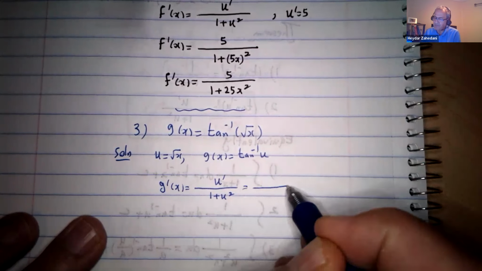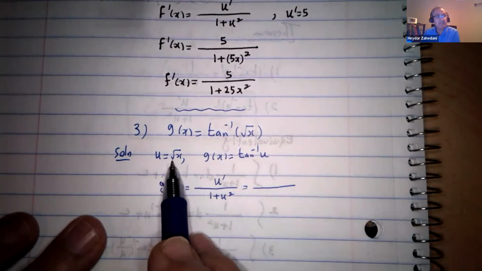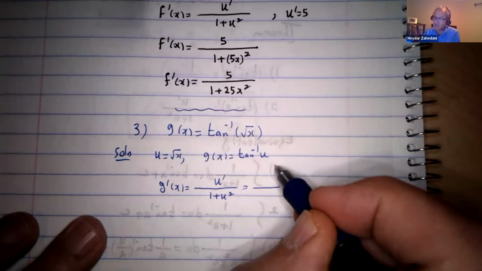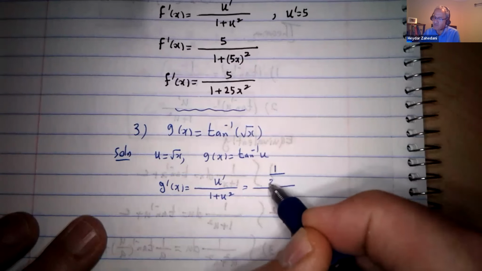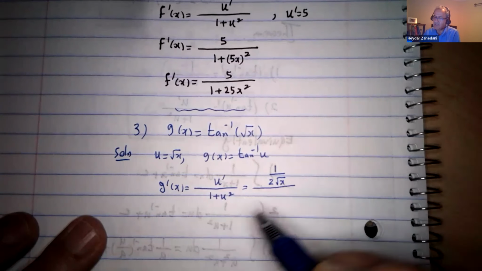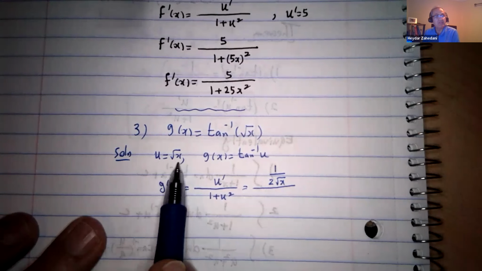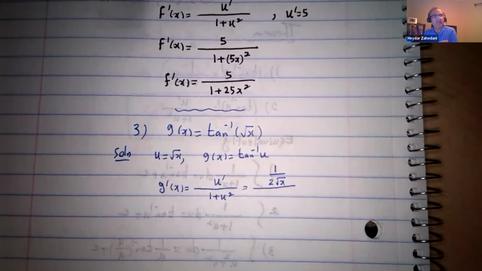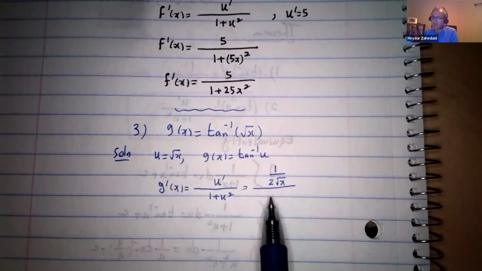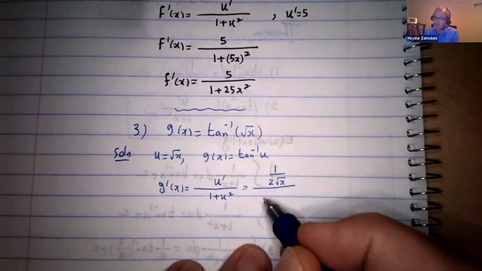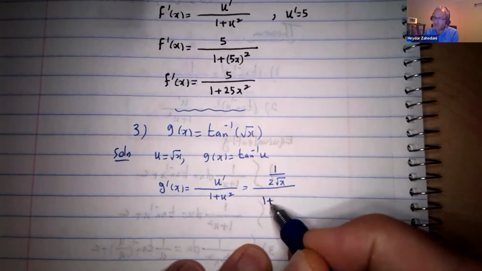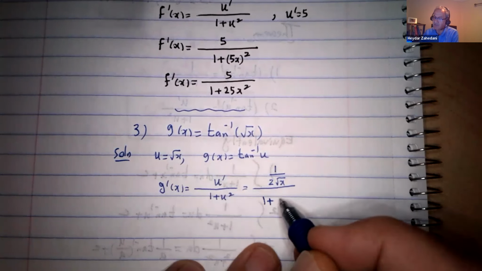U prime, derivative of the radical x, we talk about it's going to be 1 over 2 radical x. That's u prime, derivative of the radical. It's going to be x to the 1/2, so 1/2 x to the negative 1/2, which is the same thing. Okay, memorize this one. 1 plus u squared. U is the radical x, so it's going to be radical x squared.